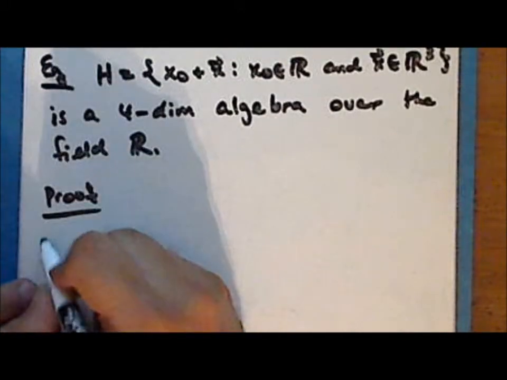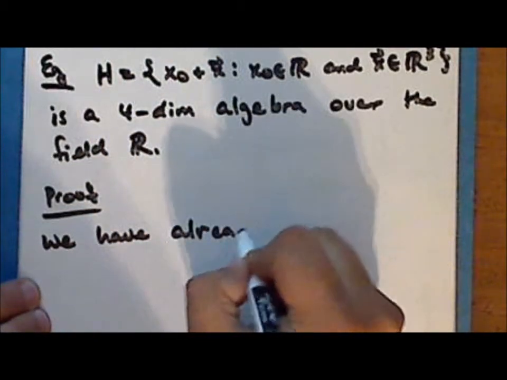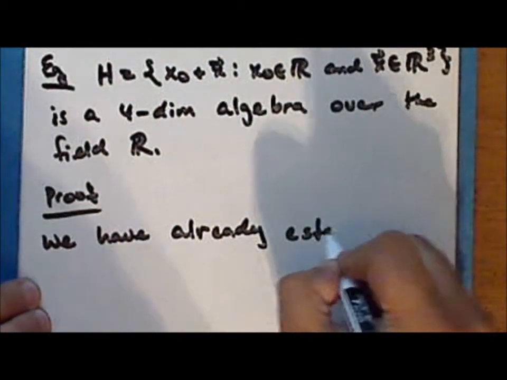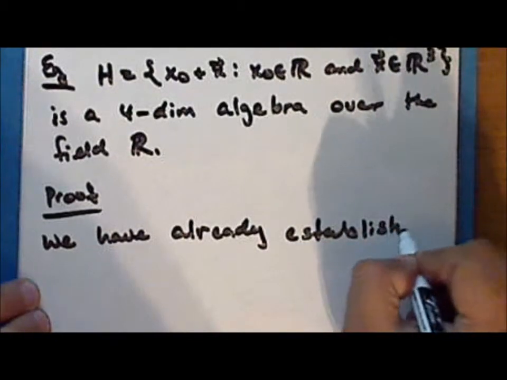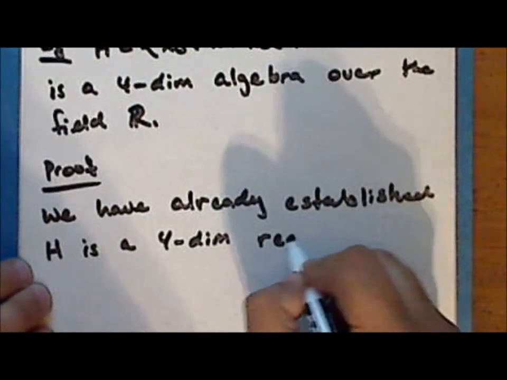We have already established that the quaternions is a four-dimensional real vector space.